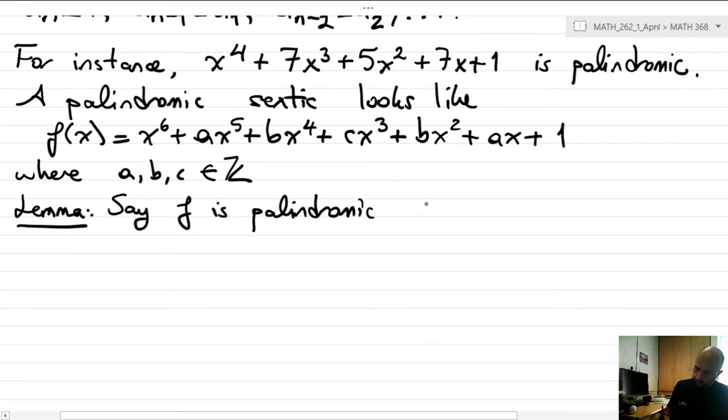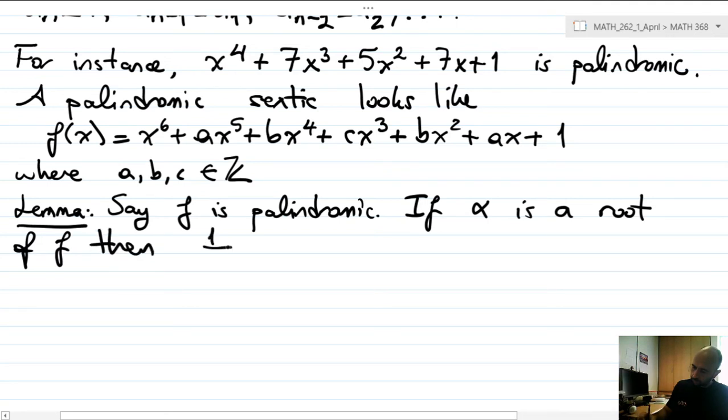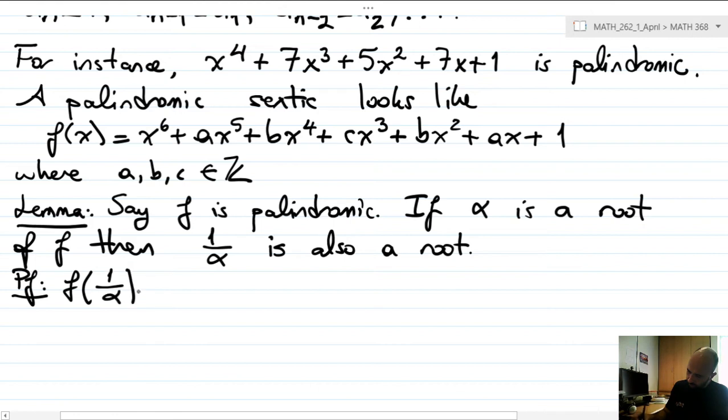Now, if alpha is a root of f, then 1 over alpha is also a root. This is very simple to prove. You just plug in 1 over alpha.